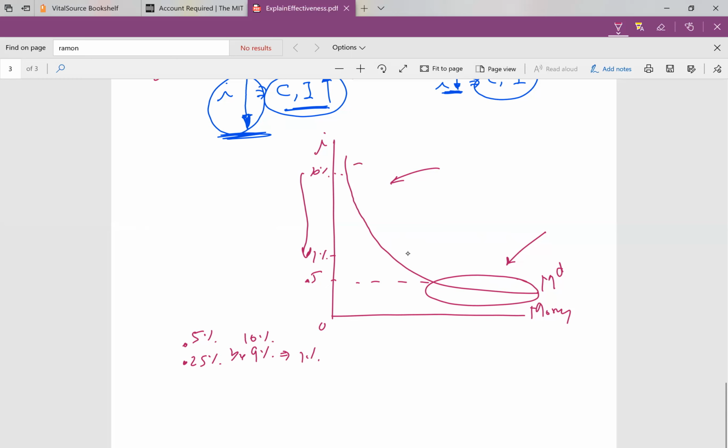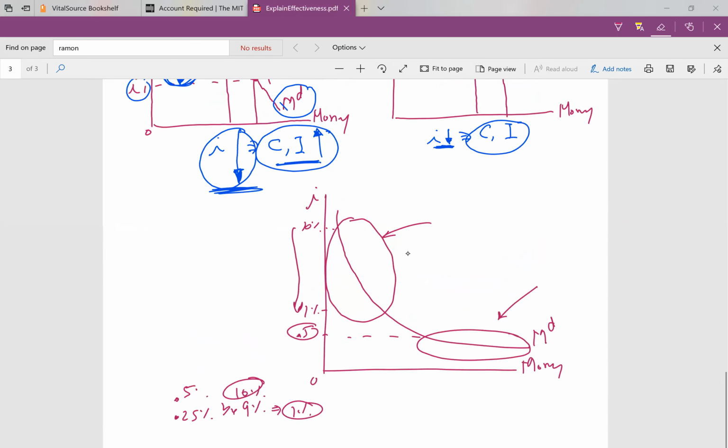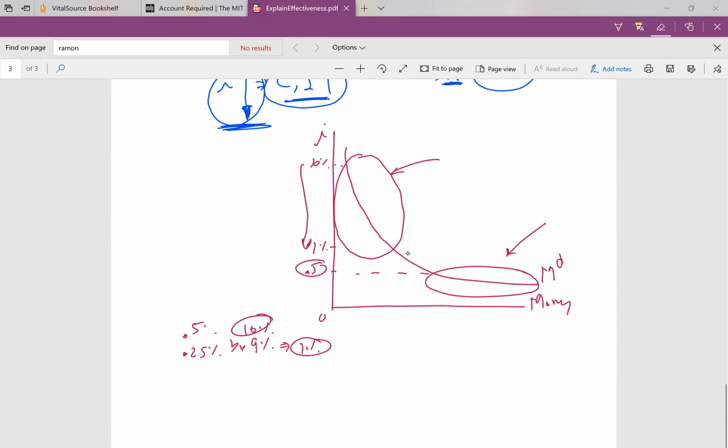So in this range here, when interest rates are very high, it's more likely that interest rates can drop significantly from 10 to 1, compared to when interest rates are already very low, like 0.5, and they cannot drop by much. So reasonably, this is a way to illustrate a money demand at different levels of interest rates.